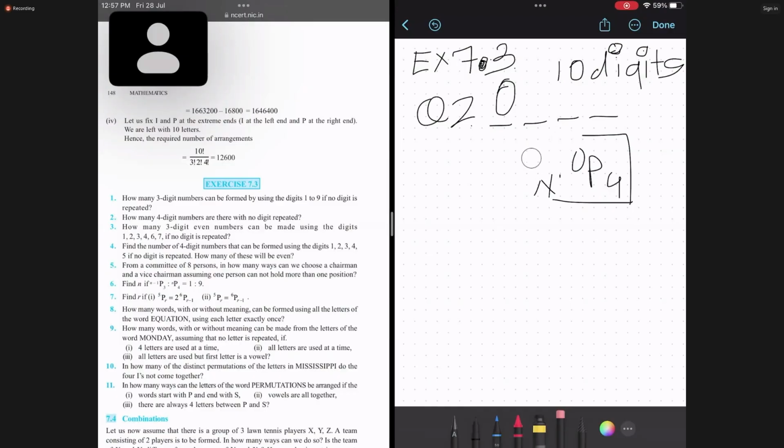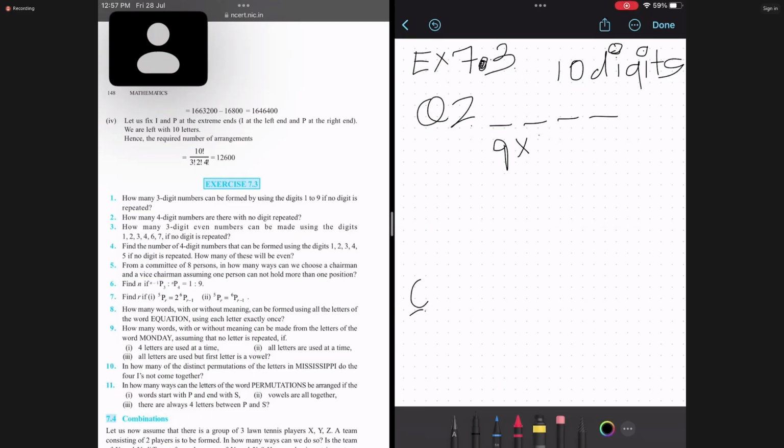Correct? So first you need to take that into consideration, that while filling up the first digit, you don't actually have 10 choices. You only have 9 choices because 0 can't be used, right? But now that you have used 0 up, or you have not used 0 up, subsequently 0 can be used, right?